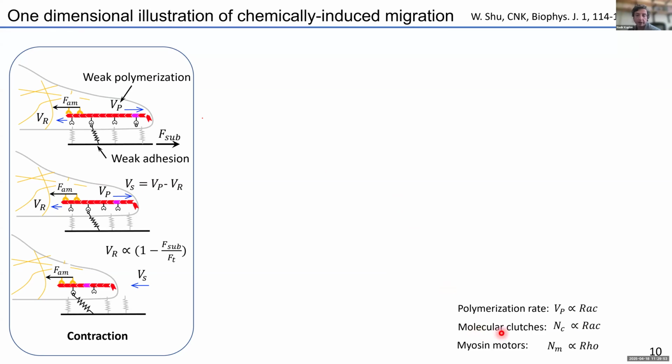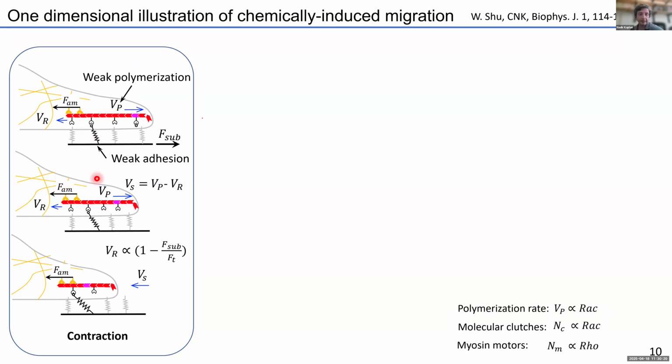The number of molecular clutches at the focal adhesion points are again assumed to be proportional to the Rac signals at the front. But the myosin motors, either at the front or the back of the cell, would be proportional to the Rho concentration. And if they're abundant, there's going to be a strong retrograde flow, which will cause a retraction.